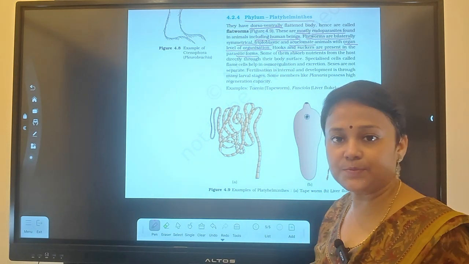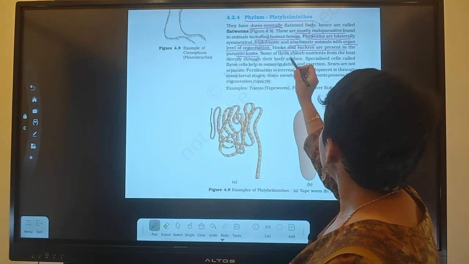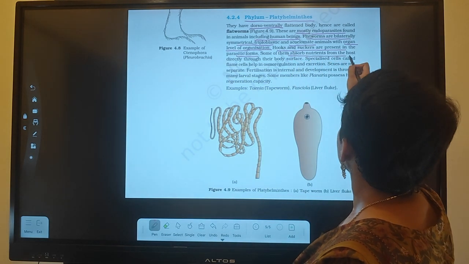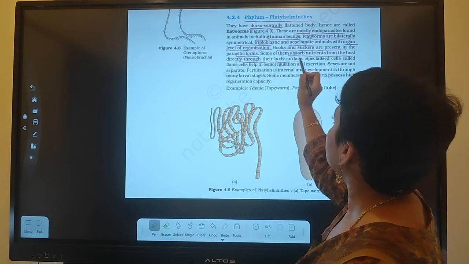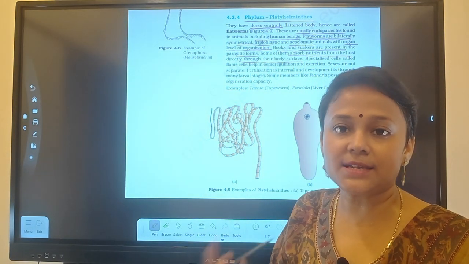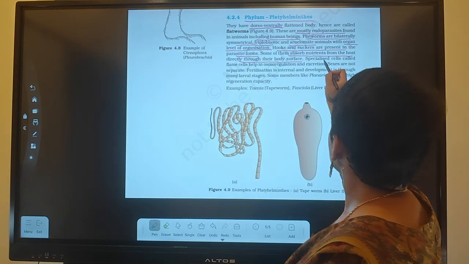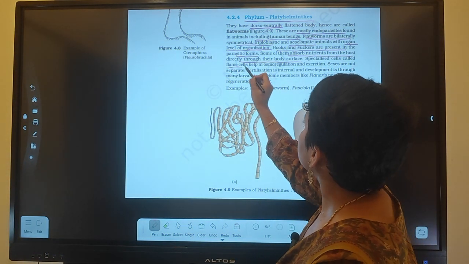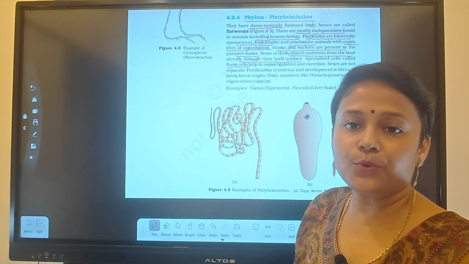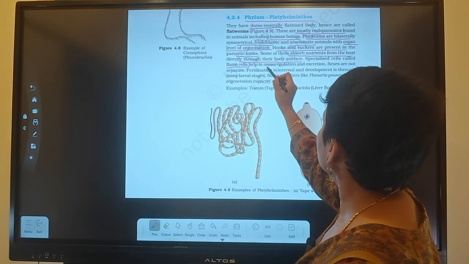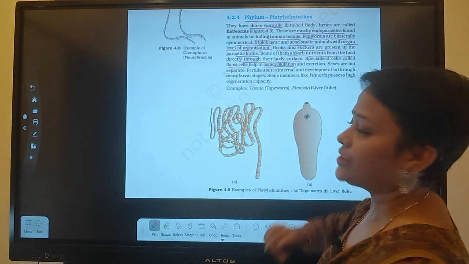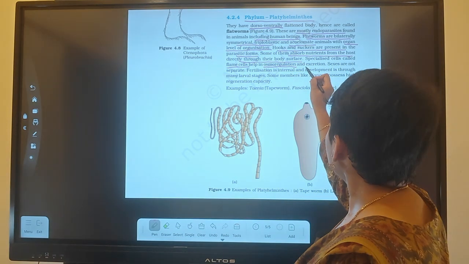These are parasitic adaptations I have discussed. Some of them absorb nutrients from the host directly through the body surface. Specialized cells called flame cells, also called protonephridia, help primarily in osmoregulation, secondarily in excretion.